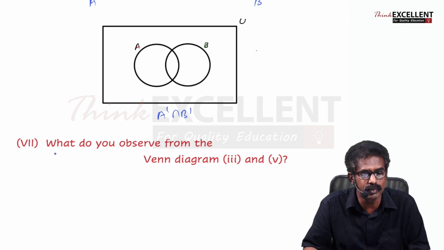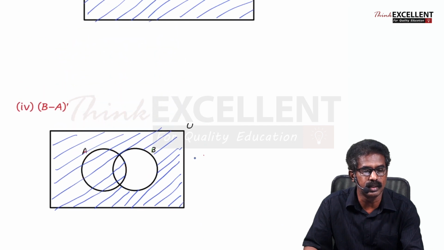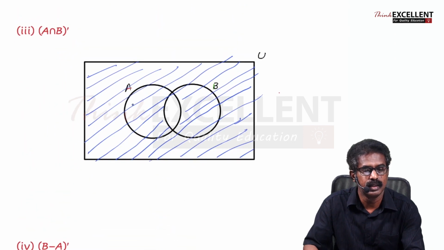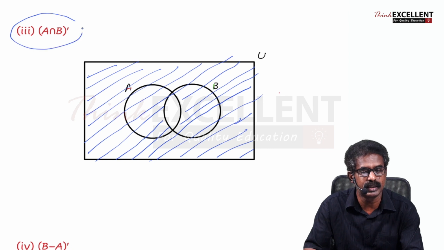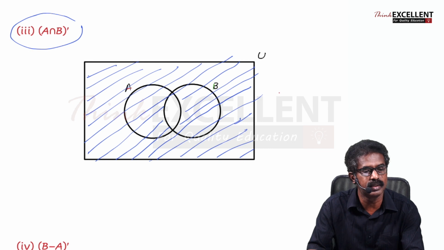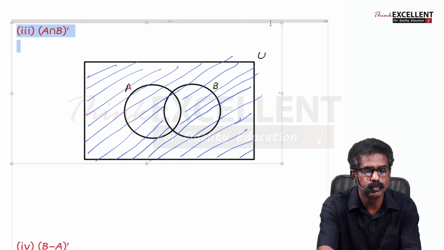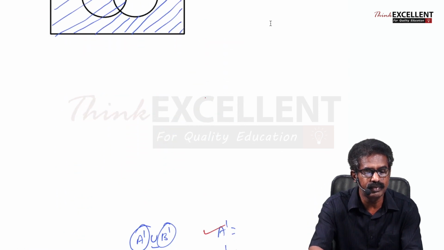And here one more observation. What do you observe from the Venn diagram 3 and 5? Where is 3? Yes, this is 3, A intersection B the whole dash. See the portion that we shaded. So shall we take it closer so you can check easily? The third and fifth they asked to check, right?